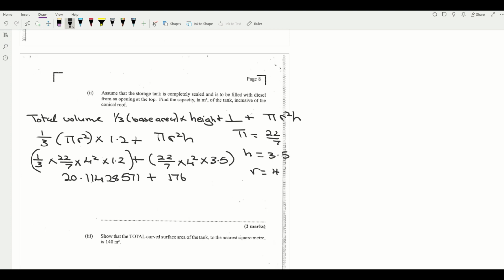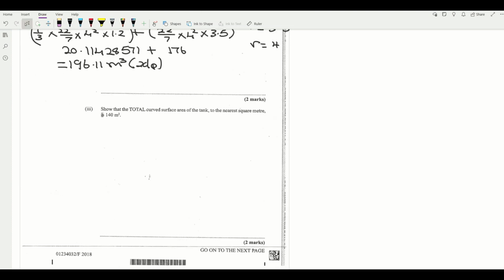You add that up plus 20.11, and this would be equal to 196.11 meters cubed to 2 decimal places, and that would be your answer for this question.